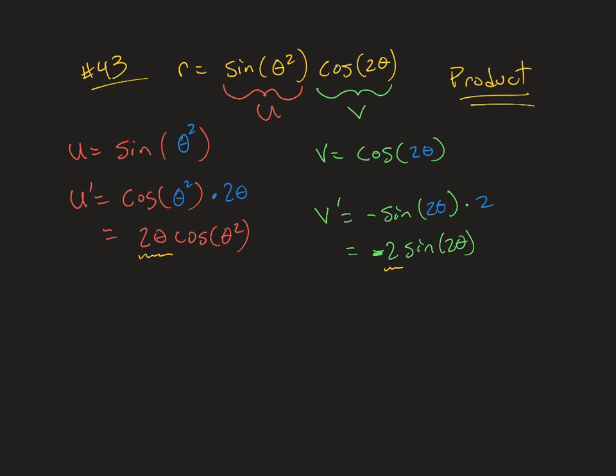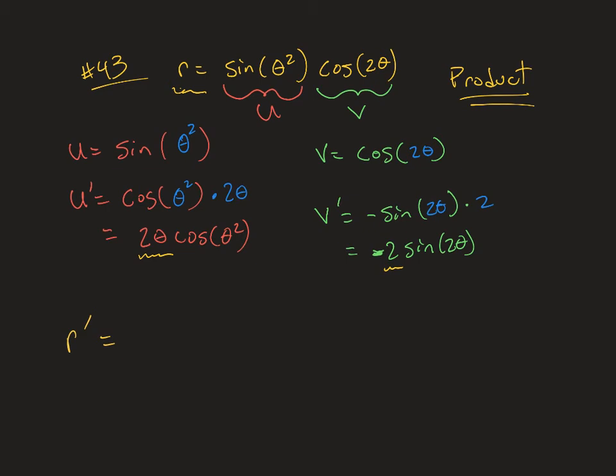Once you have u and u prime and v and v prime, you can go right to the derivative and write out your product rule. So r prime, which is what we're trying to find here, right? Here's our function r, is going to be sine of theta squared times negative 2 sine of 2 theta. That's your u v prime.